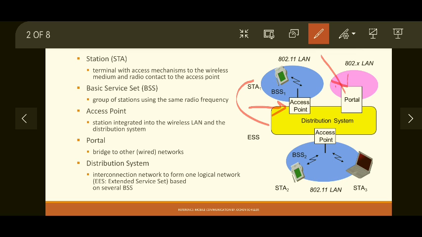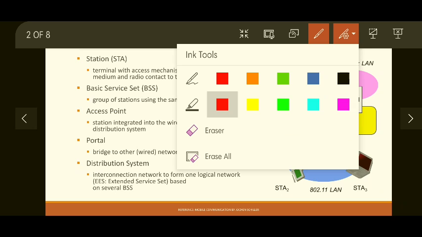Now the last part is the distribution system. The distribution system connects all the access points together. No matter how many access points there are, all will be connected together via the distribution system. The interconnection of networks to form one logical wireless LAN based on several BSS is called the ESS.